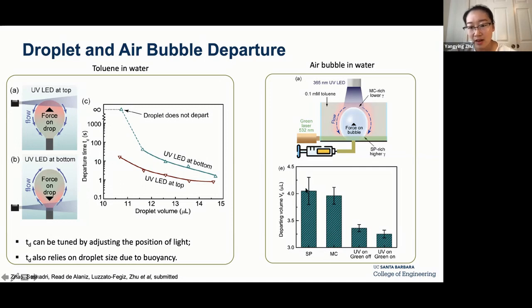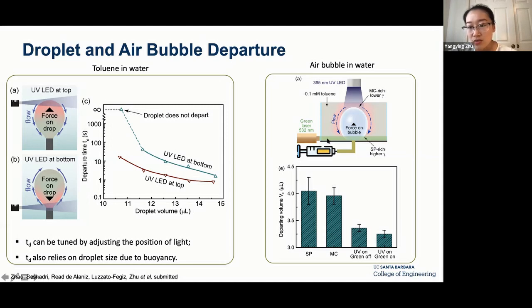When we don't have the light, the air bubble needs to go to a size of 4 microliter to depart, when buoyancy overcomes the pinning force. But when we have the light turned on, you can reduce the departure size. So the air bubble grows to a smaller size before it's able to depart.